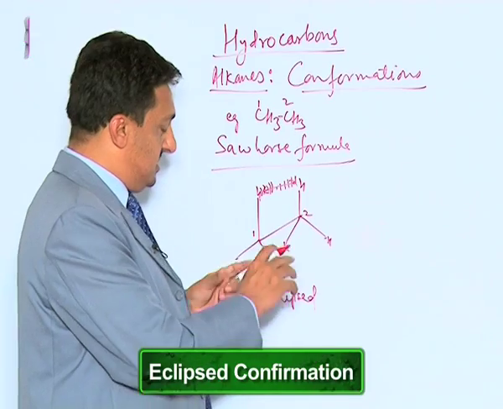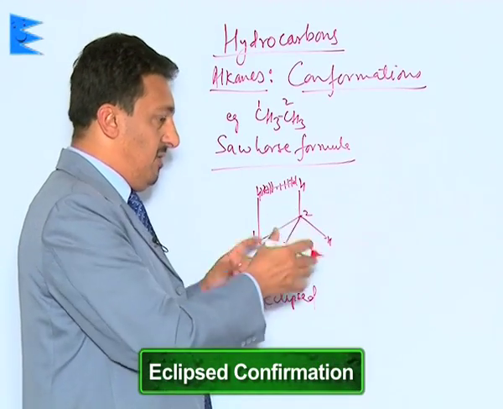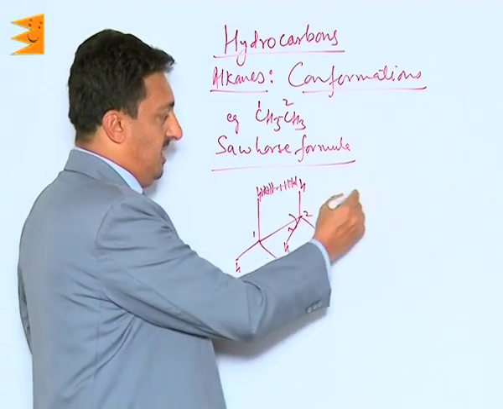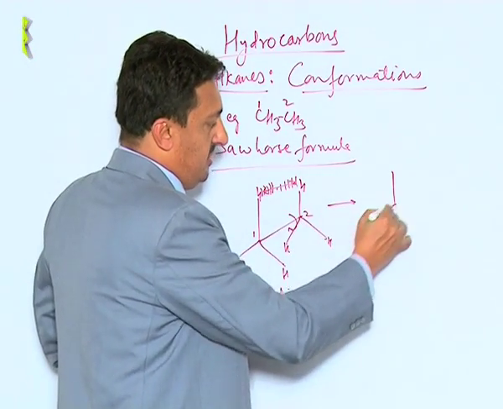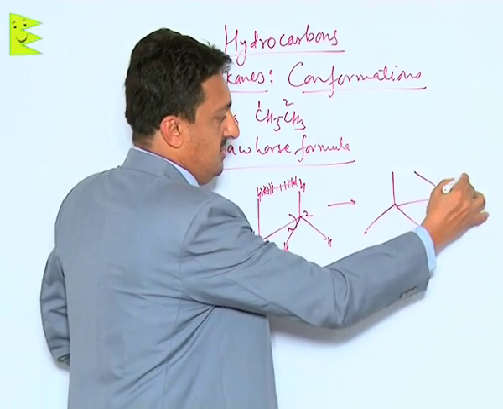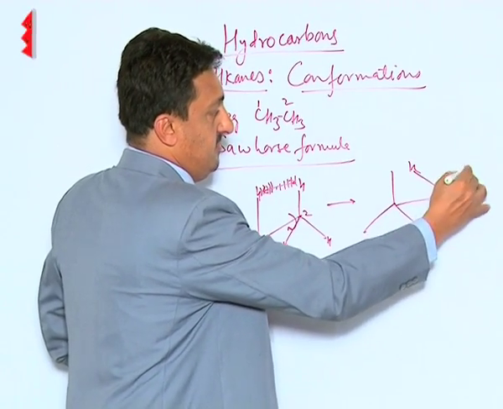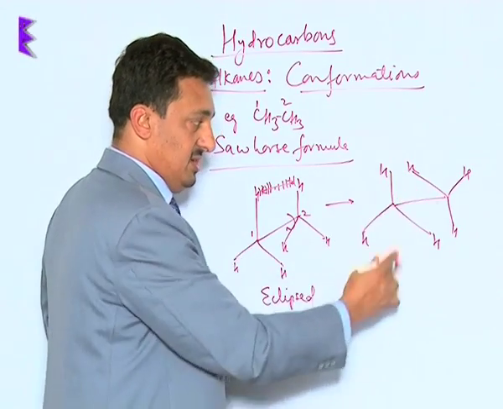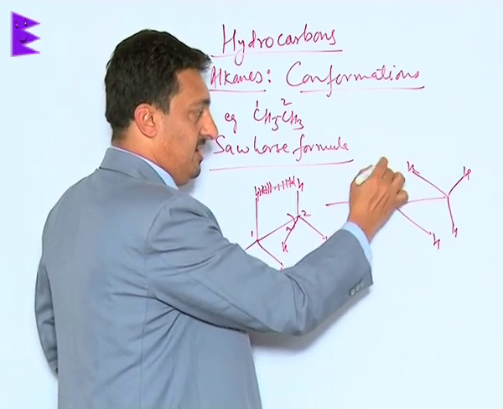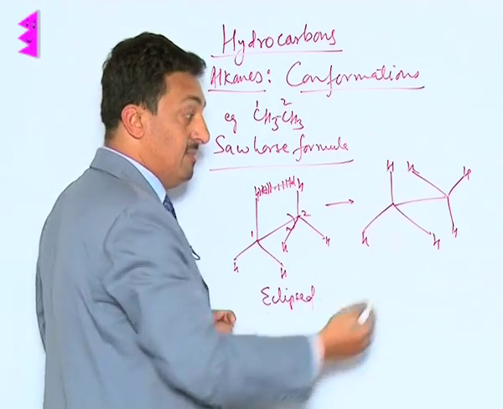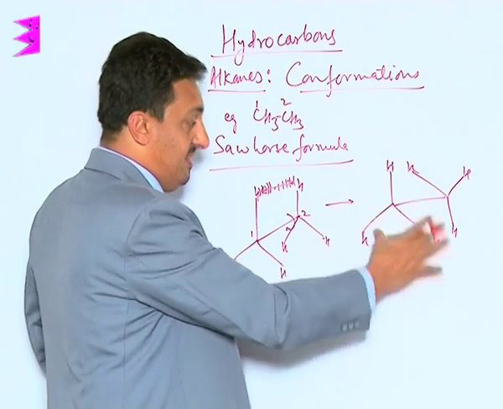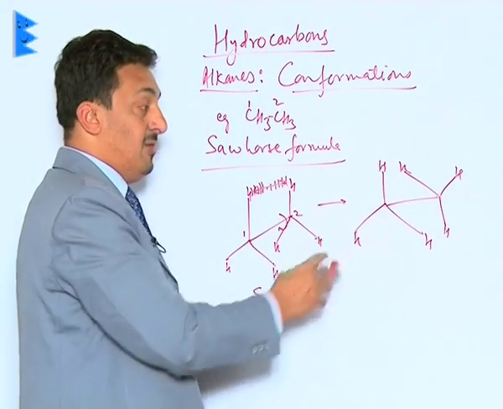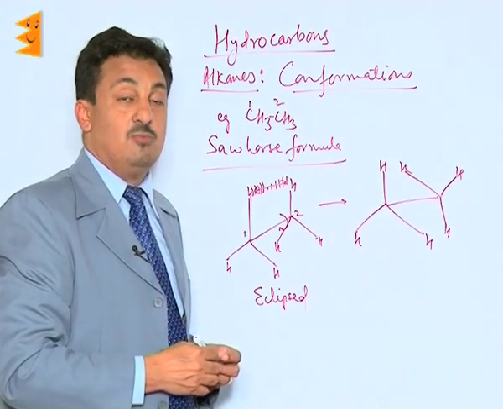Now, what happens is that, on its own, these carbons will show rotation like this, and they will change to this type of system in which these hydrogens maintain the maximum distance from each other, so that the interelectronic repulsions become minimum. As a result, this type of three-dimensional system of the ethane molecule will have lower energy and more stability.